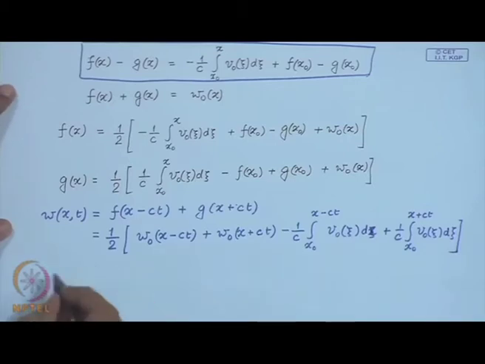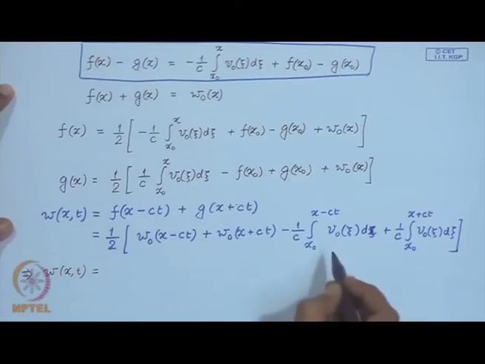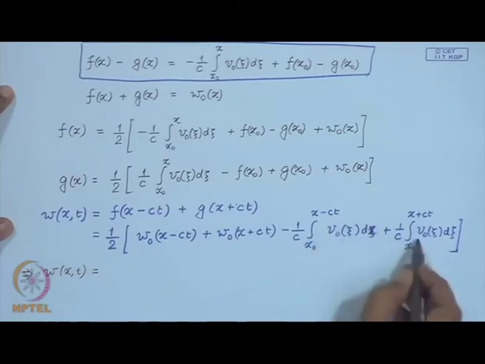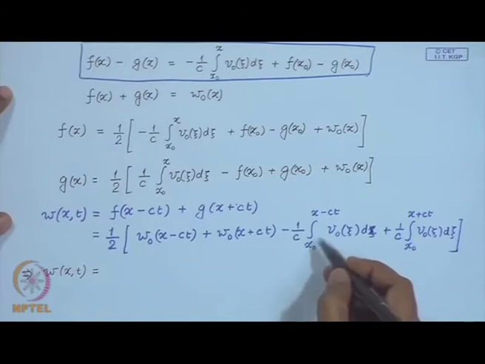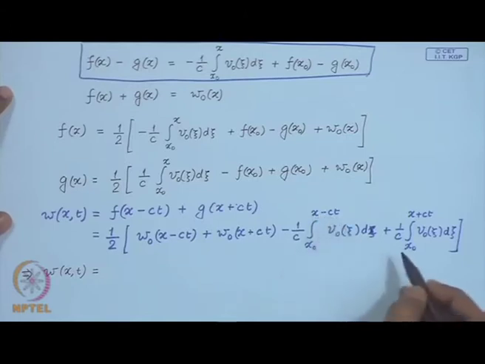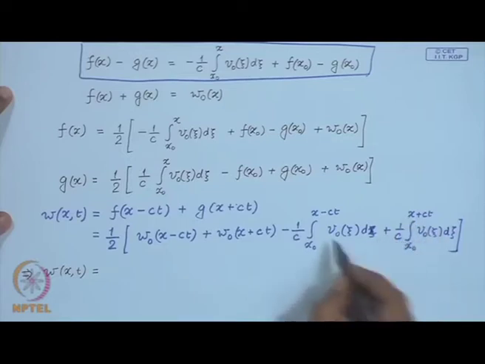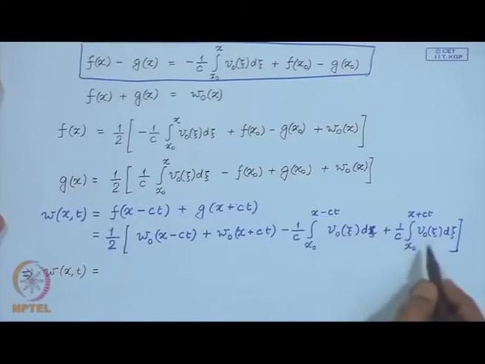Now, if you look at these two integrals, the limits are from x 0 to x minus c t with a negative sign, and from x 0 to x plus c t with a positive sign, and the integrands are the same.